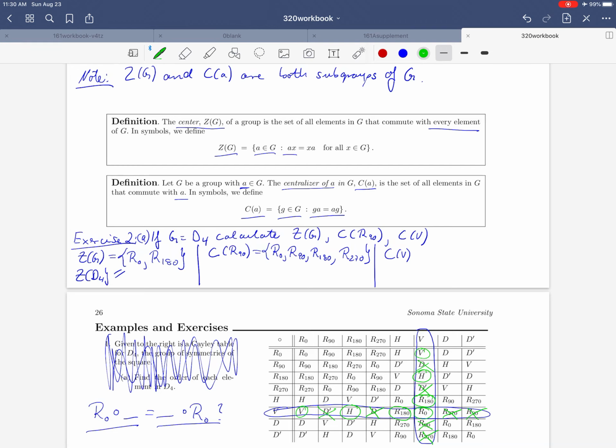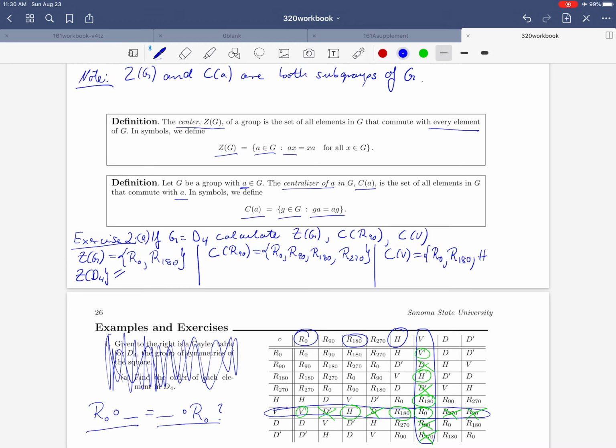Okay, so which ones did we find? We found that the centralizer of V is R0. What else? It's R180. And it also has H in it.